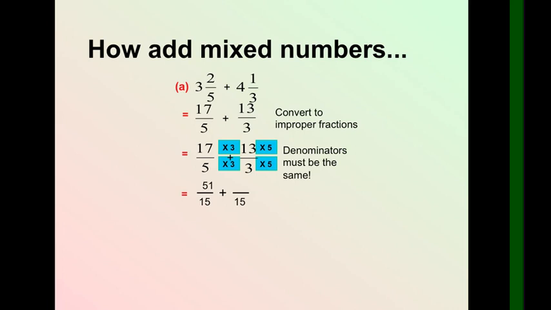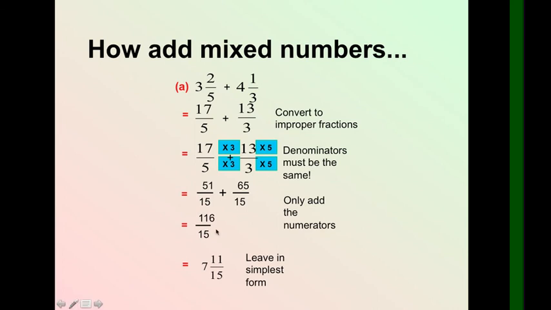So 17 times 3 is 51 and 13 times 5 is 65. Only add the numerators. Pwede na natin i-add ang mga numerators at kokopyahin lang natin ang mga denominators. So we have 116 over 15. And for the final answer, leave in simplest form. So the simplest form is 7 and 11 over 15, kasi meron tayong 7 na 15 sa 116.